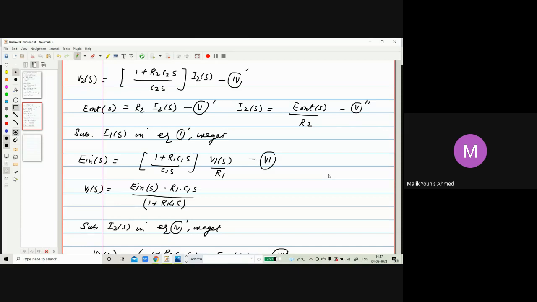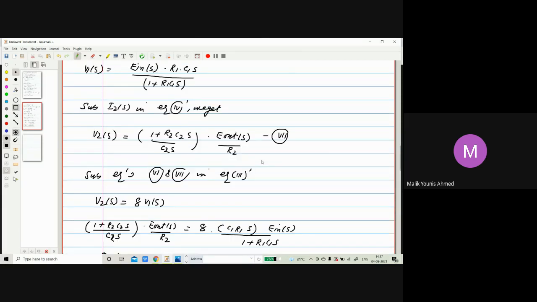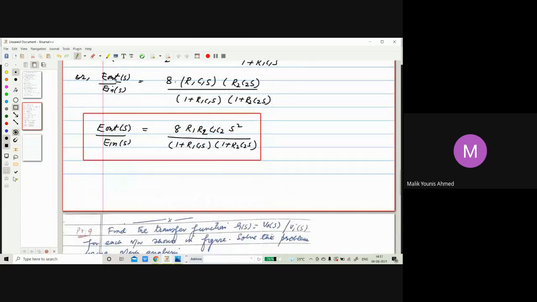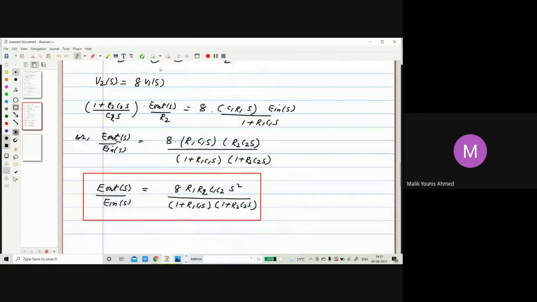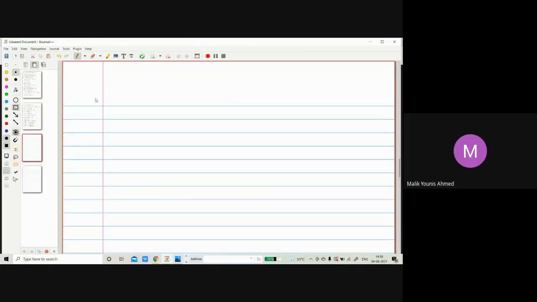Let me draw the circuit. Actually, I should have drawn it earlier. Okay, now I will write the question here only. Before going to this, the third will be for your homework. Okay, I will add a page here. So numerical number 8.